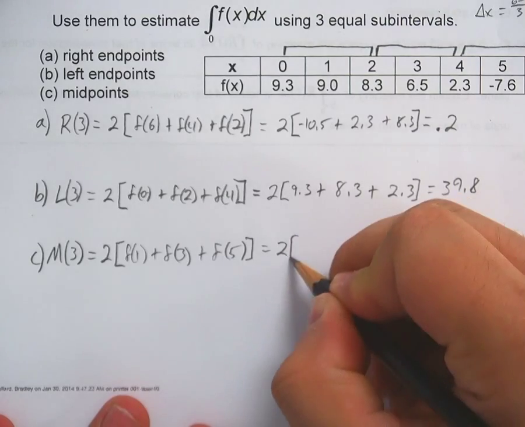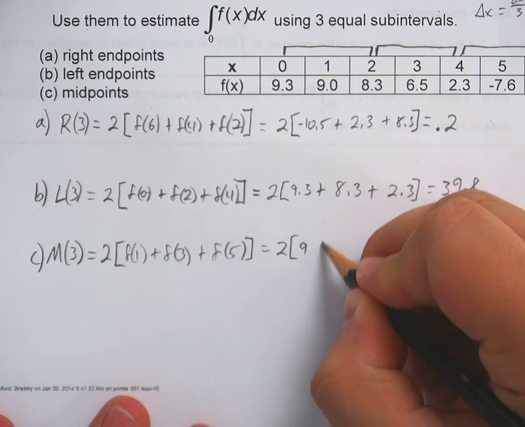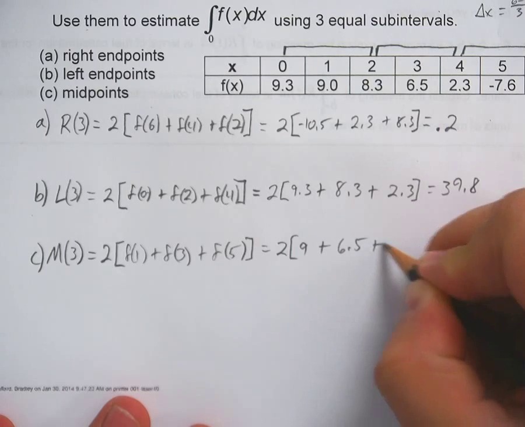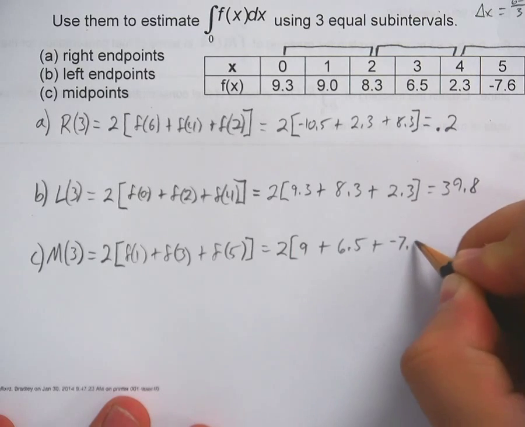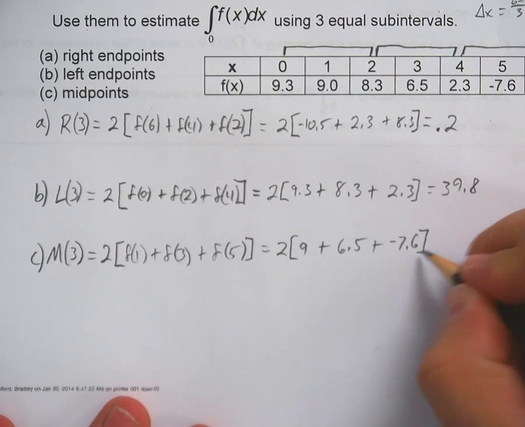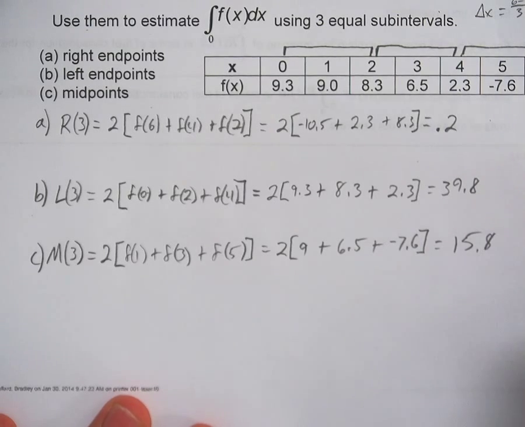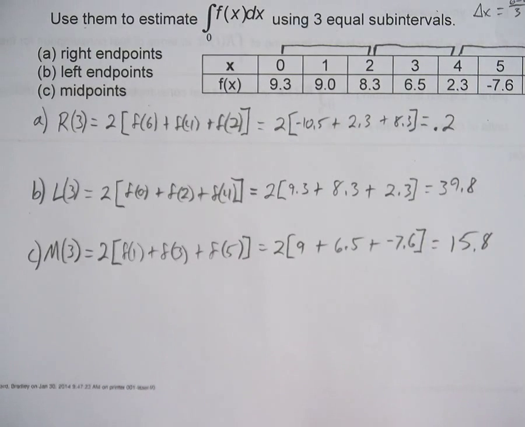Which is 2 times 9 plus 6.5 plus negative 7.6. And through the magic of calculus, it's 15.8. Yay!